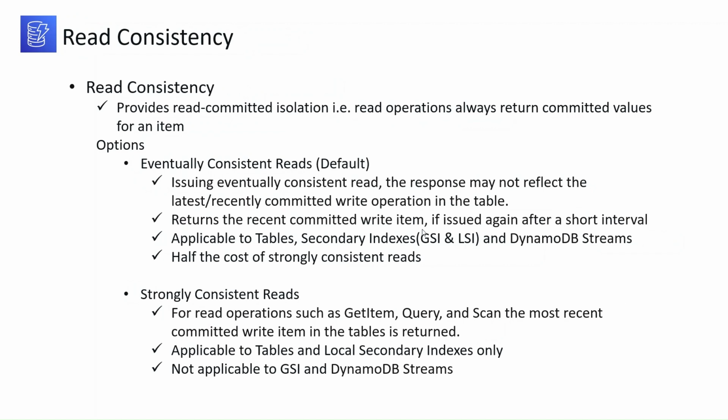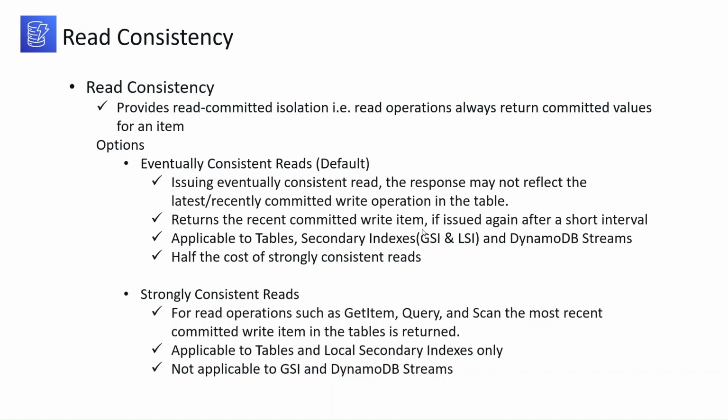If the read request is repeated after a while, the response should eventually return the more recent item. Eventually consistent reads support tables, local secondary indexes, global secondary indexes, and DynamoDB streams. Eventually consistent reads are half the cost of strongly consistent reads.